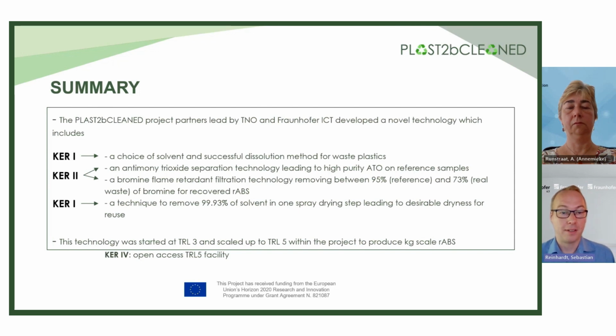We also developed a technique to remove over 99.9% of the solvent in one step, which is a spray drying step, leading to a desirable dryness for the reuse of recycled ABS. This technology was started within the project at technology readiness level 3 and was further scaled up to TRL 5 in kilogram scale within the project.